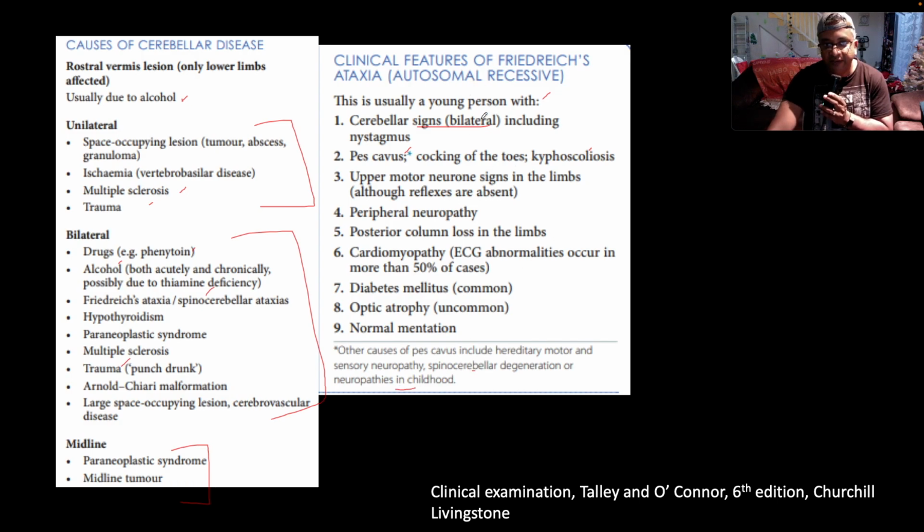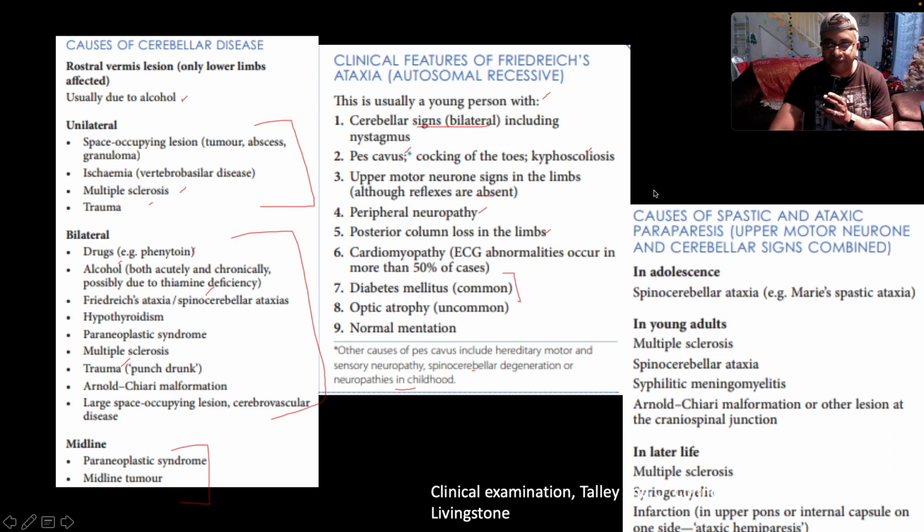You may also have upper motor neuron signs in the limbs, although reflexes are absent, peripheral neuropathy, posterior column loss, cardiomyopathy, with ECG anomalies in about 50% of cases. What is common is diabetes mellitus together with this. Right? That's why the endocrinologist is very interested in Friedreich's ataxia, optic atrophy, and normal mentation.